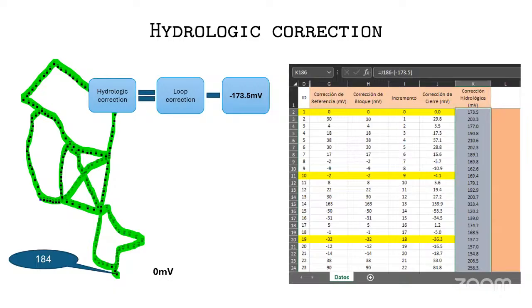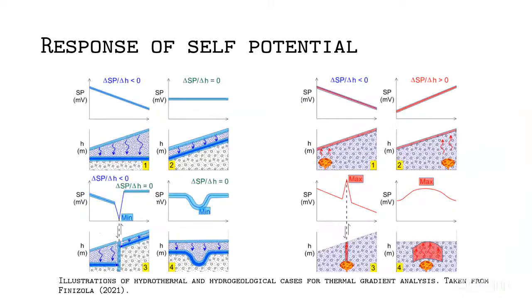There is another correction, the topographic correction, but it's not applied in all cases. The response of self potential depends on the origin.